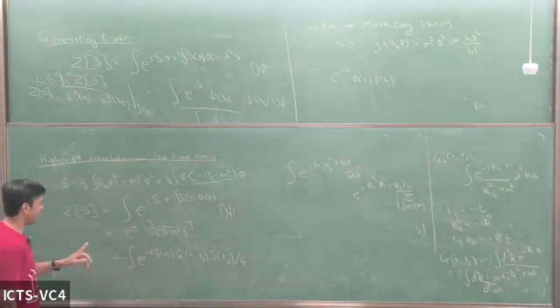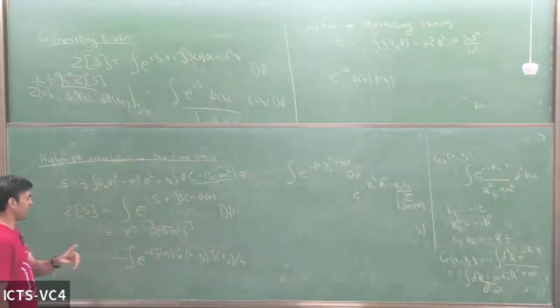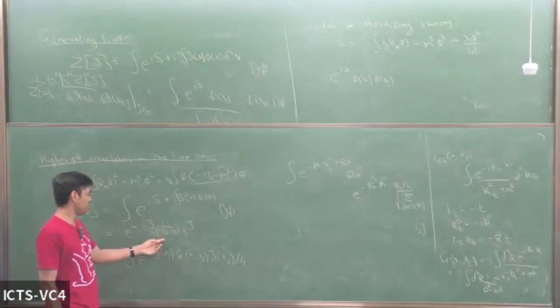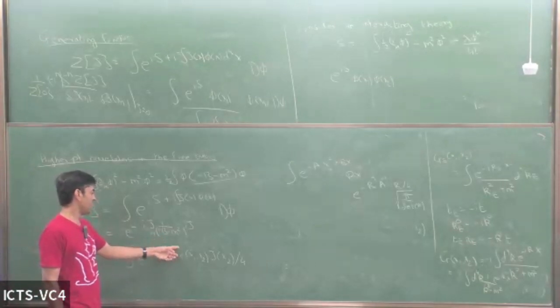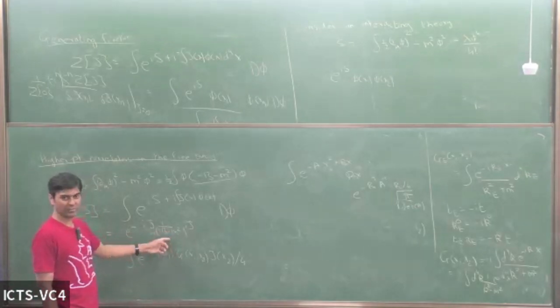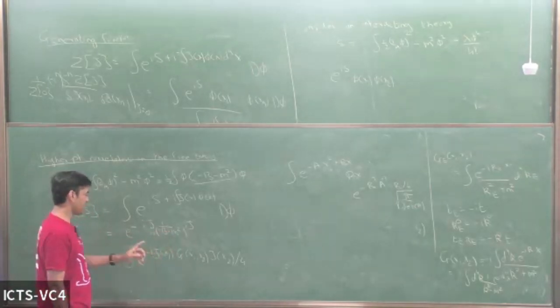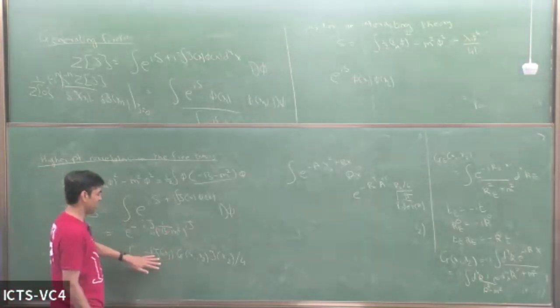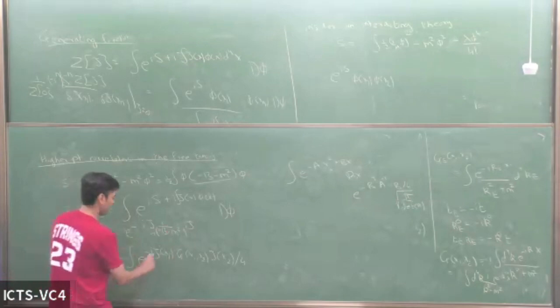Okay, sorry guys, there are many signs here, and unfortunately I'm running out of time, so I'm not going to try to fix the sign. The many signs have to do with whether we define G as the inverse of box plus m squared. So there's a minus sign here as well. I'll tell you what the sign is next time. But let's just work with a plus or minus here because it's not going to be important.